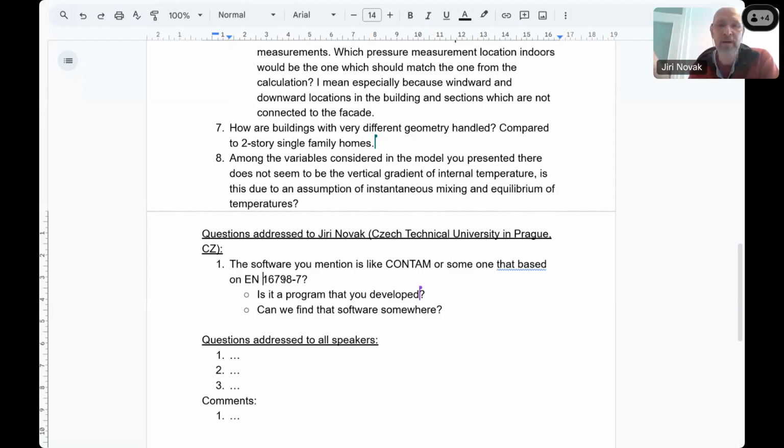This is not a problem, but the problem is that this equation must be linked with the remaining calculation of the energy need or the heat loss. Ventilation heat loss influences the total heat loss of the building, and there must be an iteration between the calculation of the ventilation heat loss, the transmission heat loss and the total energy need of the building, because these problems are linked one to another.